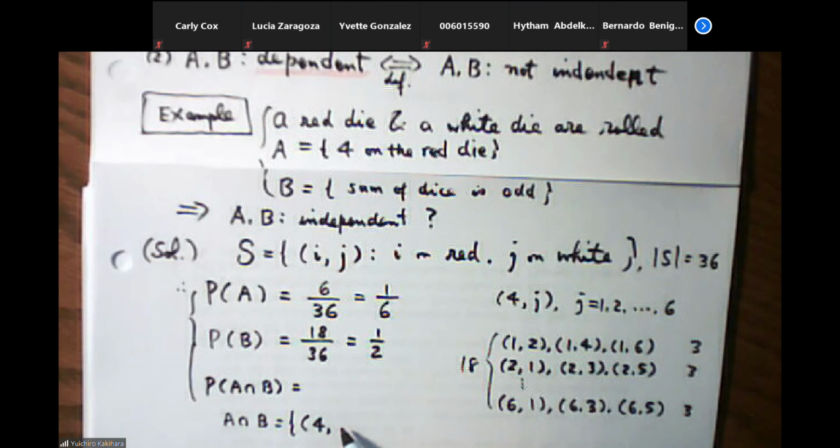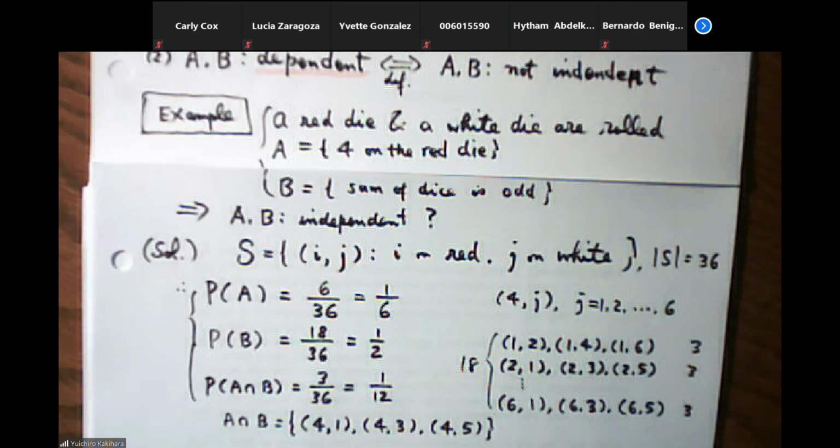The sum is odd, so the second one must be 1, 3, or 5. Is that right? Anything else? That's it. There are only 3 pairs out of 36. So this is 3 out of 36. What is this probability? 1 over 12.